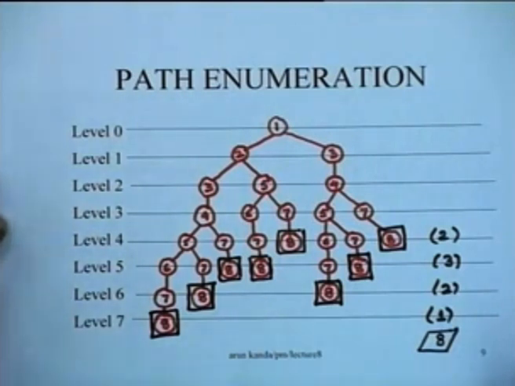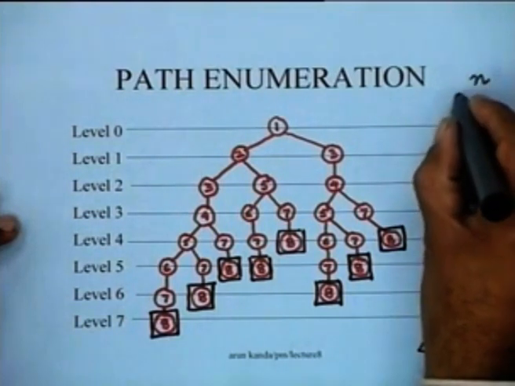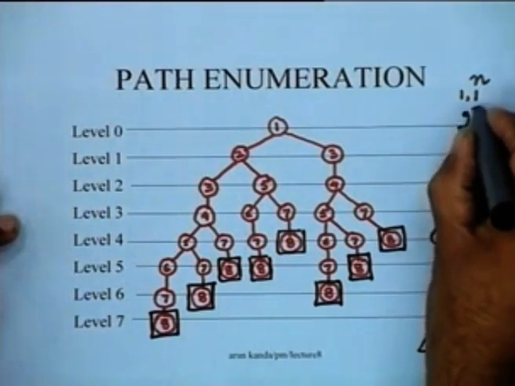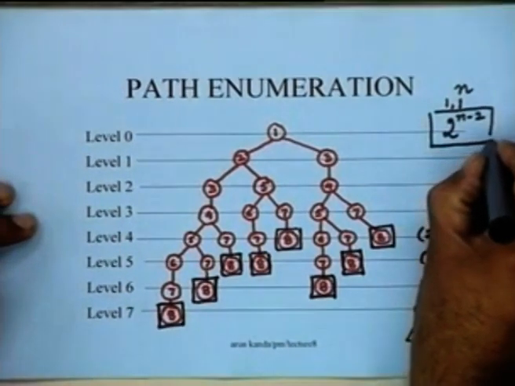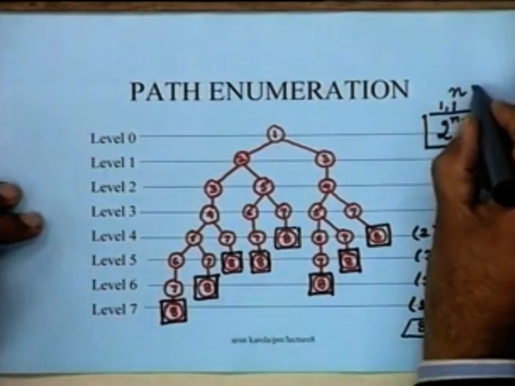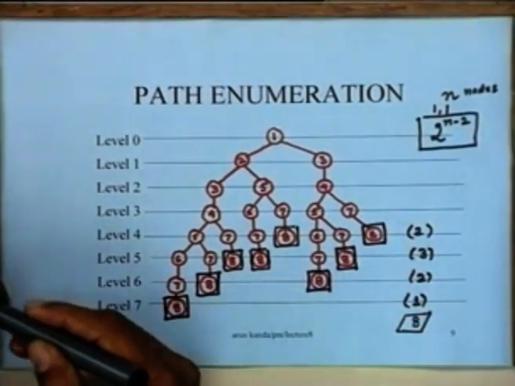The major difficulty with this approach is that it is time consuming, and moreover the number of paths in a project network can be very large. For instance, if you have a network with n nodes with a single source and a single sink, the upper bound on the number of paths is 2 raised to the power n minus 2. This number can be very, very large.